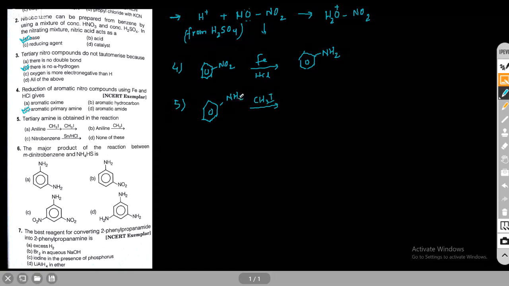Like I told you in amines, these hydrogens are reactive. So this is already one group we have, and when this reaction takes place, HI forms and we get NHCH3. Again, if this reacts with CH3I once more, this H and this I will combine and CH3 will attach to this nitrogen atom. That's why answer A is correct. Option A is correct. Tertiary aniline will form here.